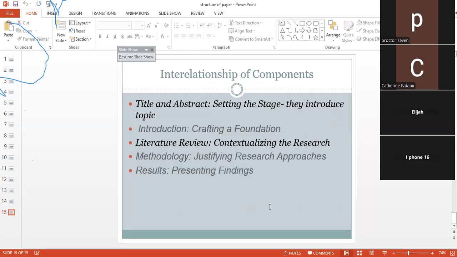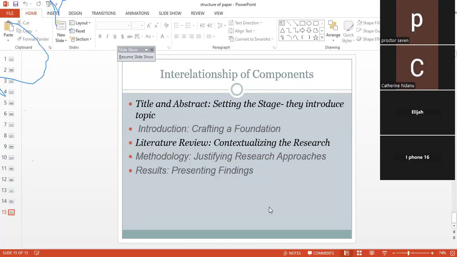Then there's something called the interrelationships of components of an academic paper. When you write an academic paper, there must be a relationship between the different parts: the title, the abstract, the introduction, literature review, methodology, results, and conclusion must be related.